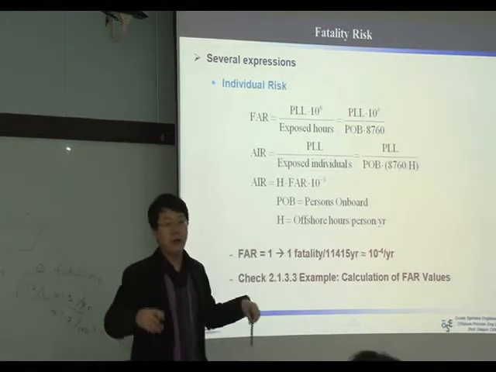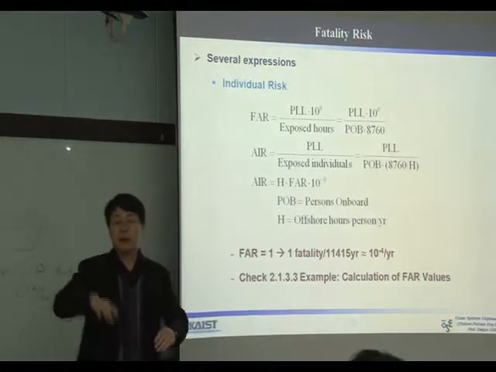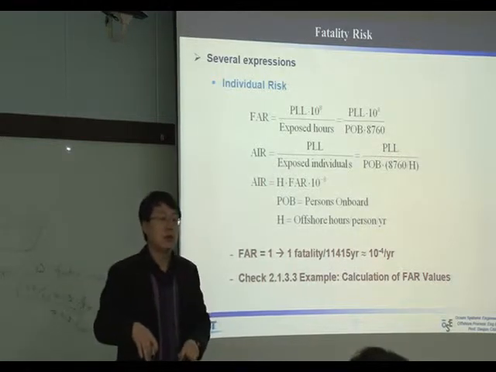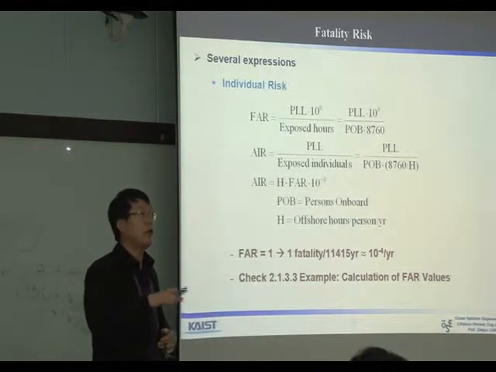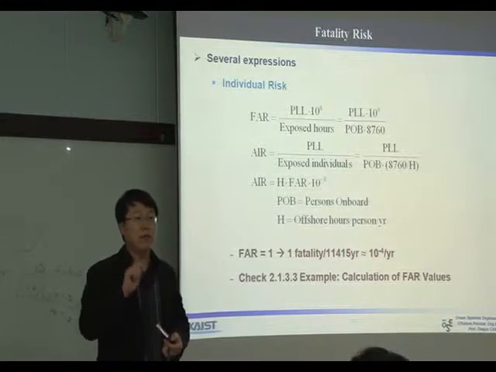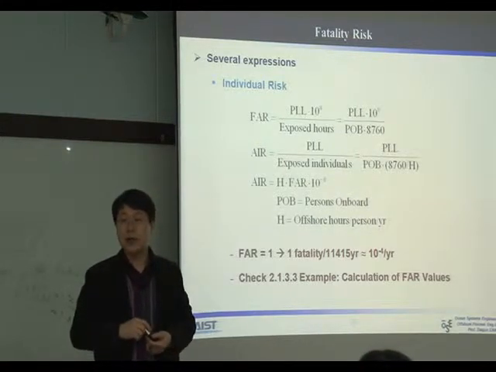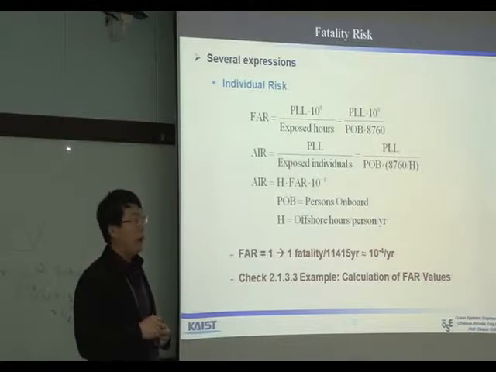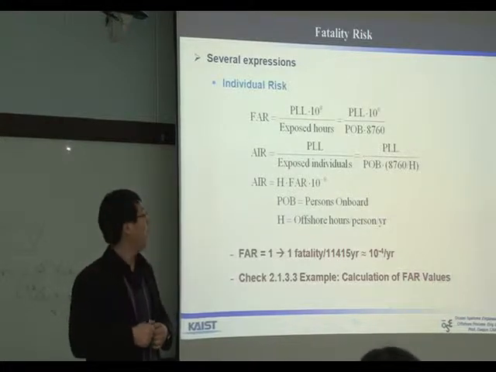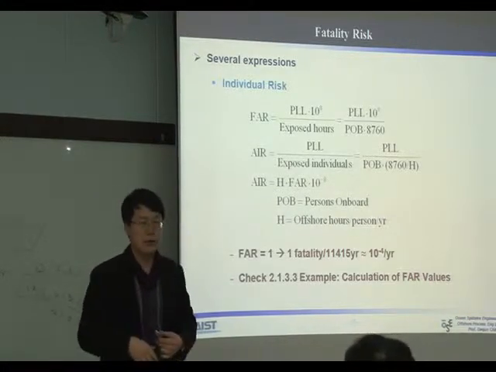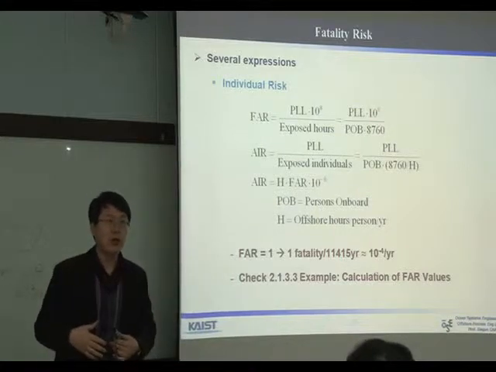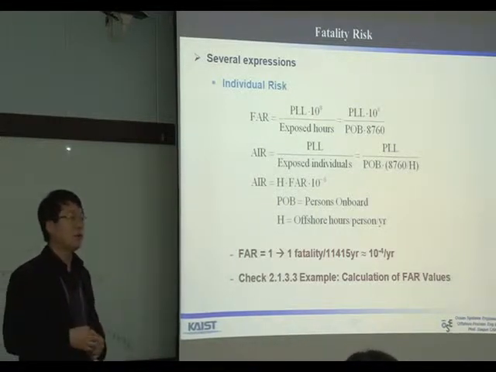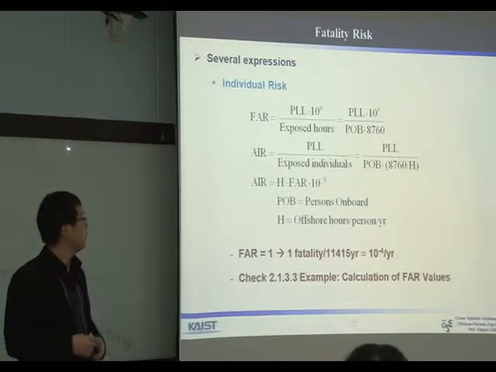Anyway, the detailed explanation is available in the text, and there are some examples to calculate FAR, AIR, and those kinds of things. So you should solve the examples and understand them.